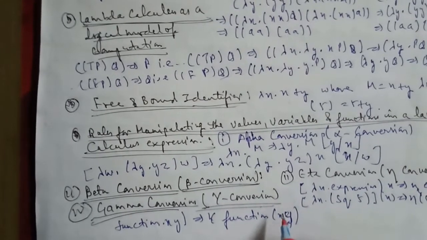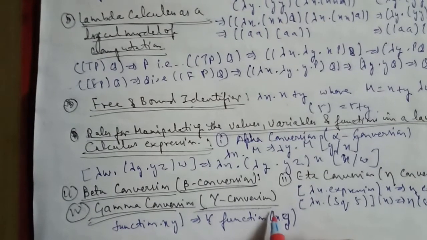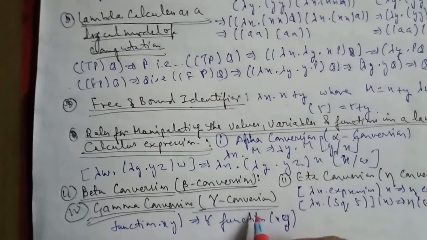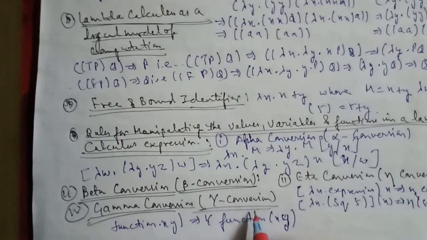So here, in other words, if the lambda calculus has predefined constants and functions, for example add, subtract, square, the rules associated with those predefined values in the function are called gamma rules as well.